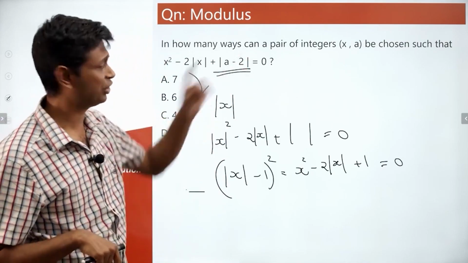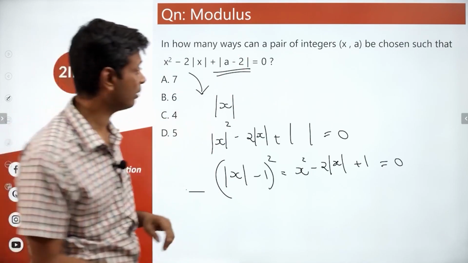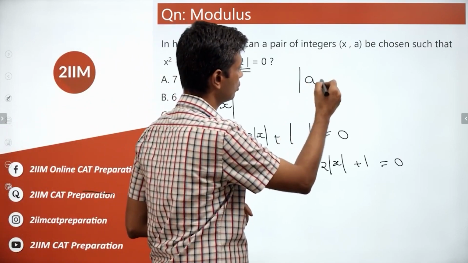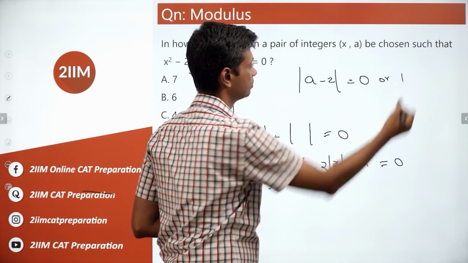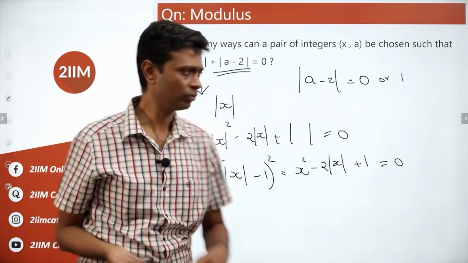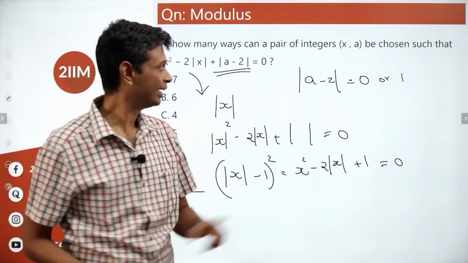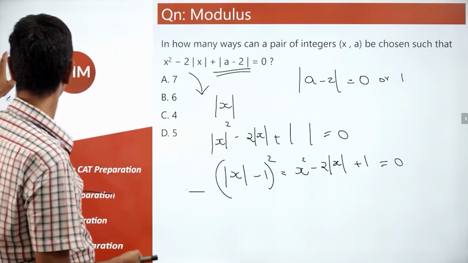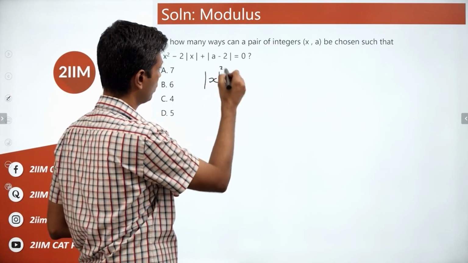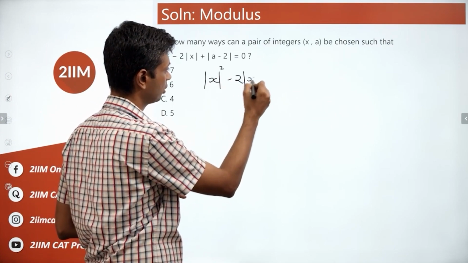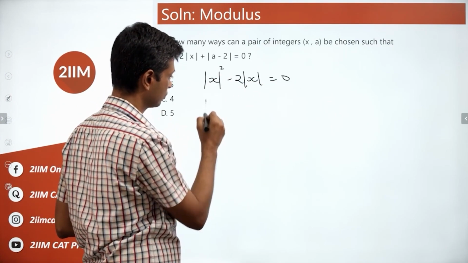It is positive. We know we are talking about integers, so modulus of a minus 2 can be 0 or it can be 1. Nothing else is possible. Fine. So I'm going to look at both possibilities. Let's say that's equal to 0. So now we have mod x the whole square minus 2 mod x is equal to 0.